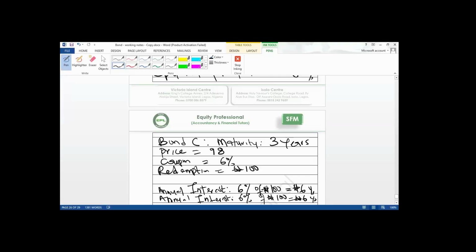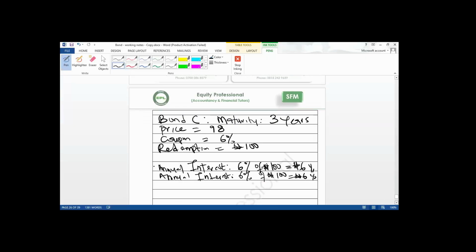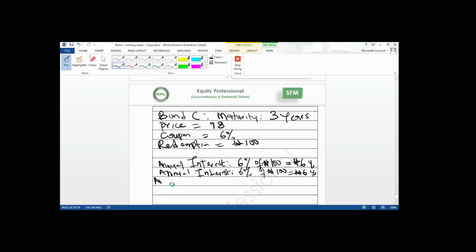Year 2. Remember, the bond is for 3 years. Annual interest again. So you are going to calculate interest from year 1 to maturity. 6 naira, year 3. Then at the end of the maturity, 3 years, redemption value.